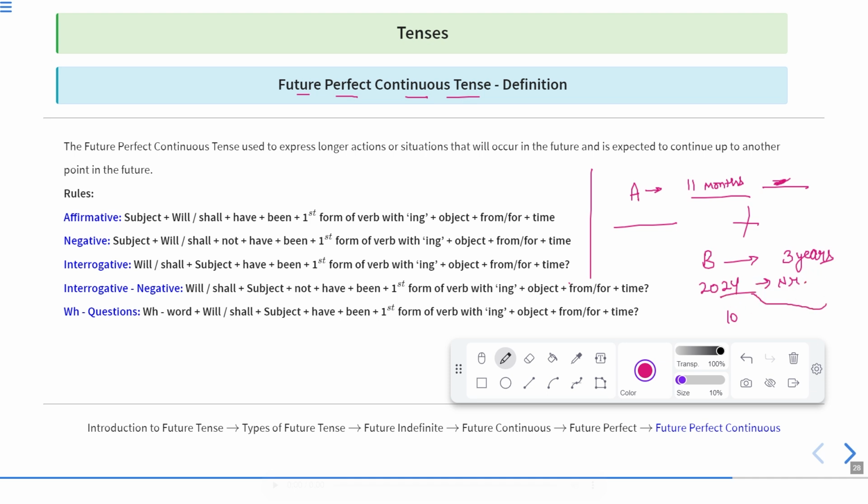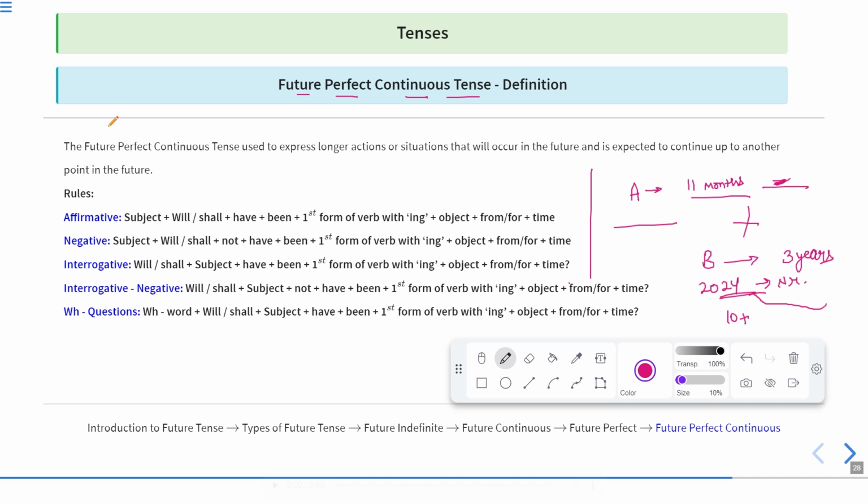Okay, so he is in 2024 right now, and he is imagining the situation after 10 plus years. Okay, so this is just an imagination that will be going on from the present point of time up to the future, and we are imagining something in the future part.